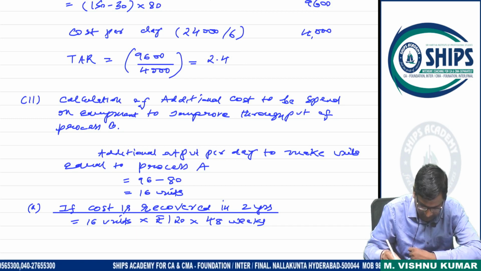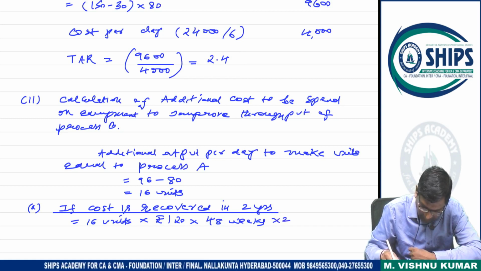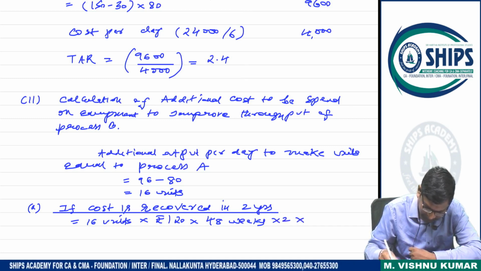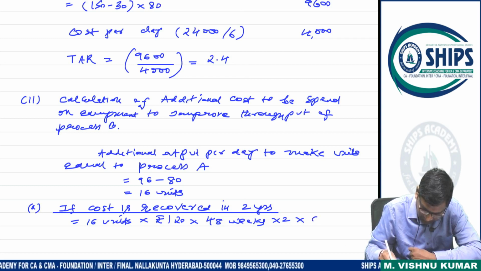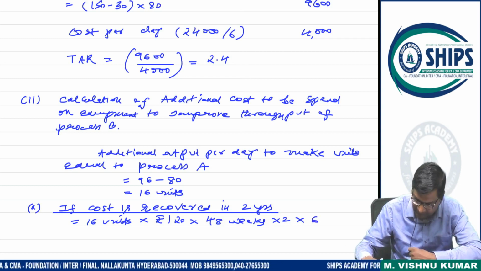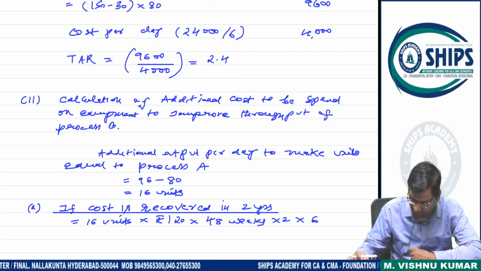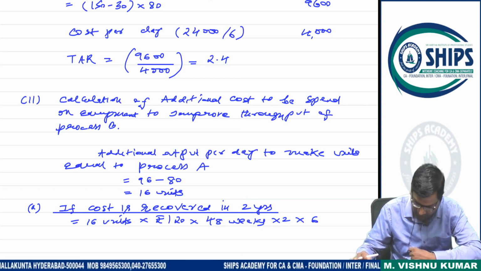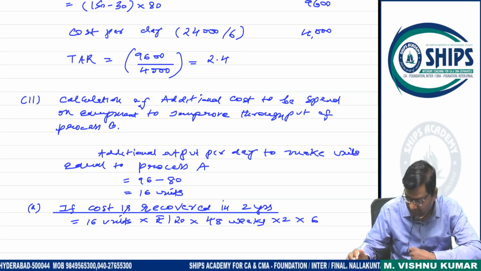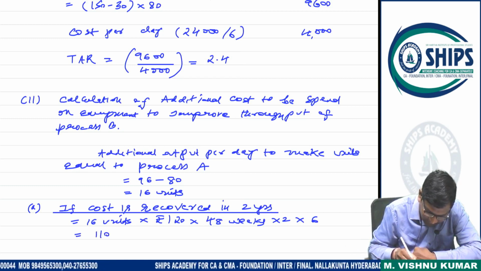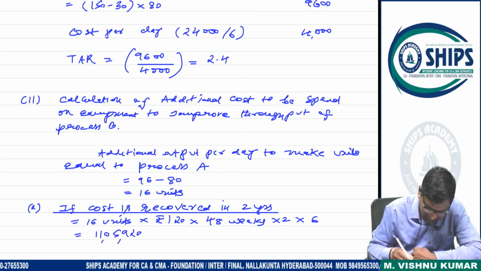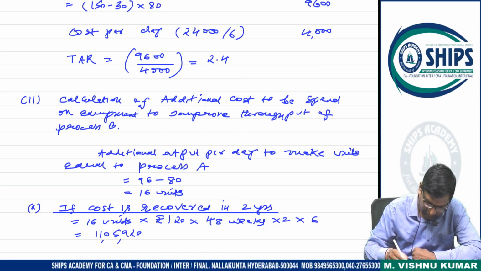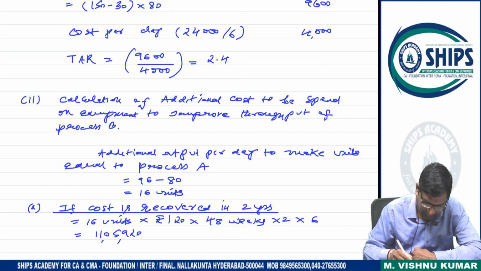Clear? 48 weeks into 2 years into 6 days. So 16 into 120 into 48 into 2 into 6 is 11 lakhs 5,920. So if they want to recover the cost in 2 years, this is the amount.